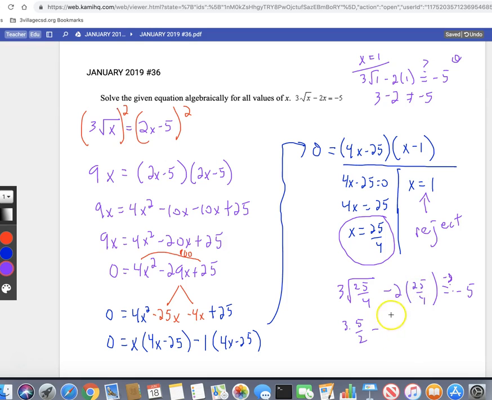And then this would be minus, simplified, 25 over 2. Does that equal negative 5? This would be 15 over 2 minus 25 over 2, which does equal negative 5. And that's why we would accept the answer 25 over 4.